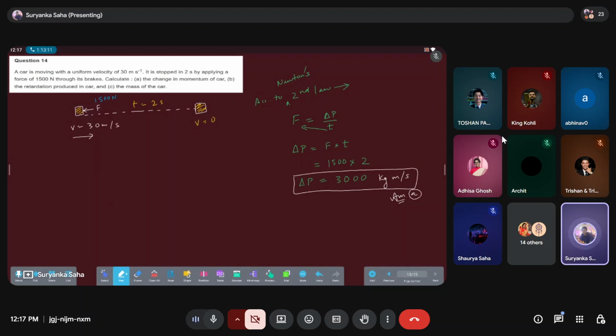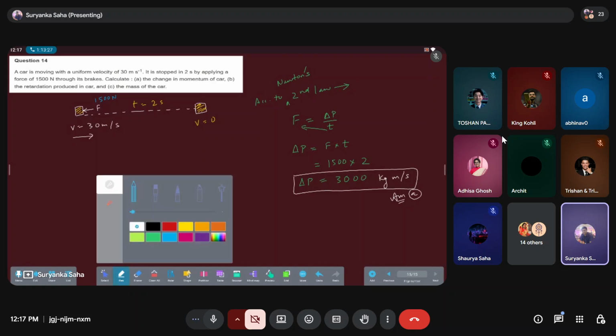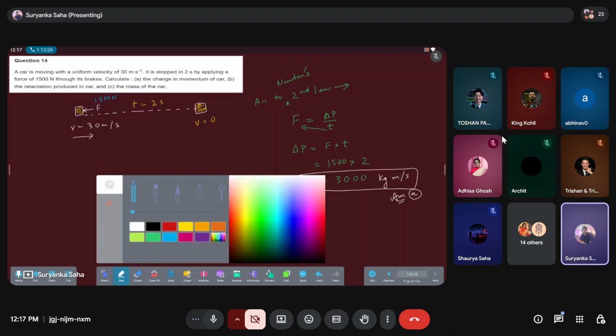Now the retardation produced in the car. What will be the retardation? For finding the retardation, we need force equal to M A, isn't it?